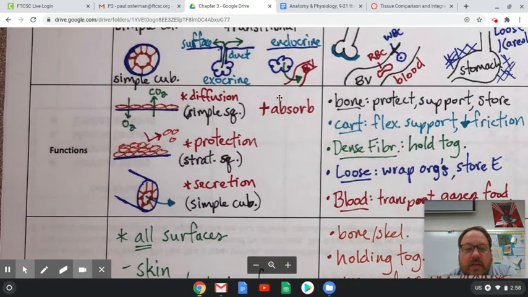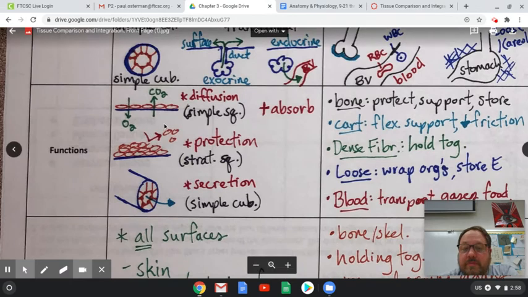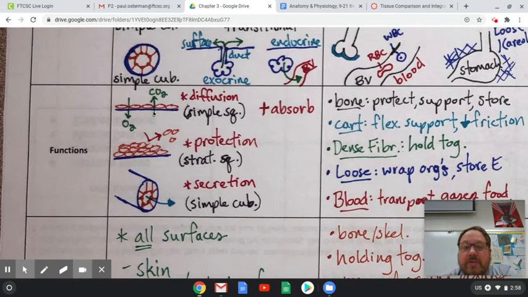All right. Functions of these different types of tissues. Simple squamous is a good tissue for diffusion. Because it's one flat layer, it can allow gases to pass through it pretty readily. Stratified squamous has lots of layers there for protection. So think of your skin or your esophagus. If you have some cells scratched off, no biggie, because you have multiple cells there for protection anyway.